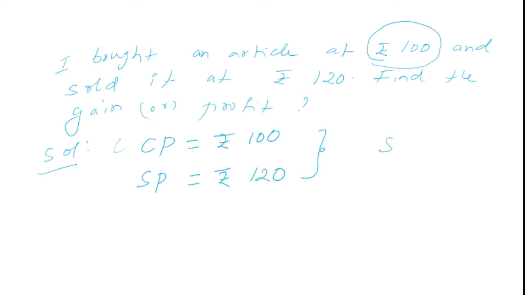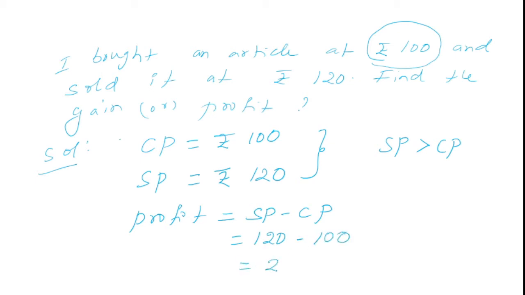Here SP is more than cost price, so I will get profit. Profit is selling price minus cost price, 120 minus 100. So 20 is the profit.